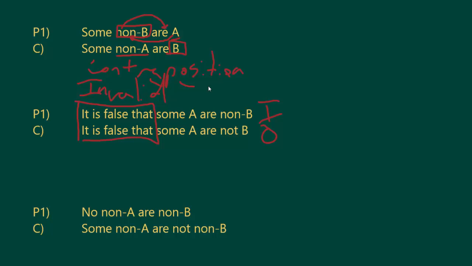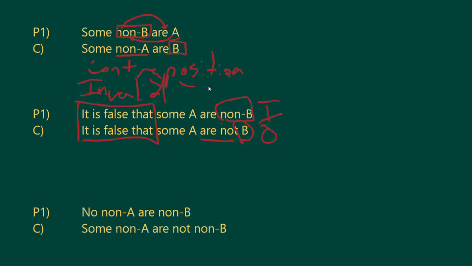The "some A are non-B" is a positive, affirmative statement. But the conclusion, "some A are not B," is a negative statement. So we have a change from an affirmative statement to a negative statement, so a change of quality. And not only that, but in our predicate placement, we have complementary classes of one another. Well, those are the two steps of obversion.